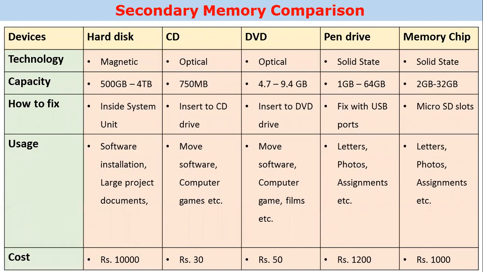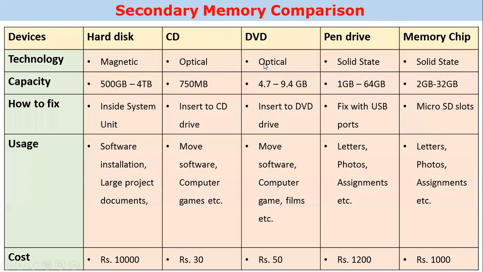These are the features we are going to consider to compare these secondary memory types. Right, then let's look at them one by one. First, look at the hard disk. Under technology, here technology means the technology they use to store data and information. If you consider the hard disk, they use magnetic technology. Then CD and DVD use the same technology, called optical, the concept of light beams.